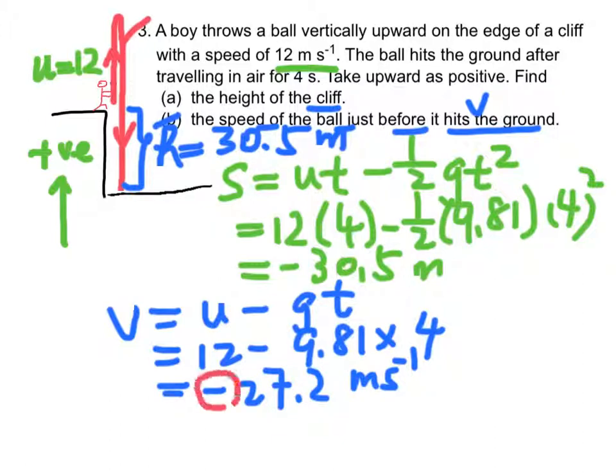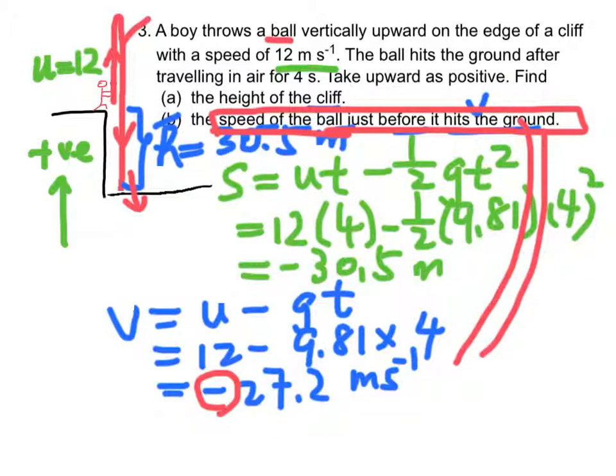The negative sign means just before it hits the ground, the ball is moving downward. Therefore, the speed of the ball just before it hits the ground is 27.2 meter per second.